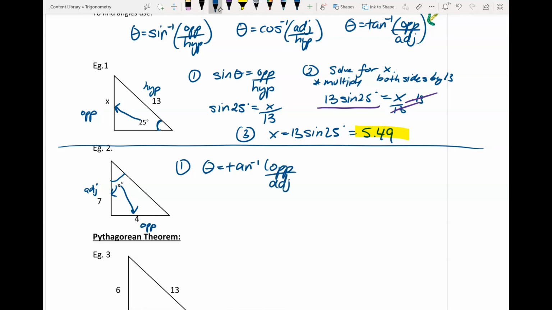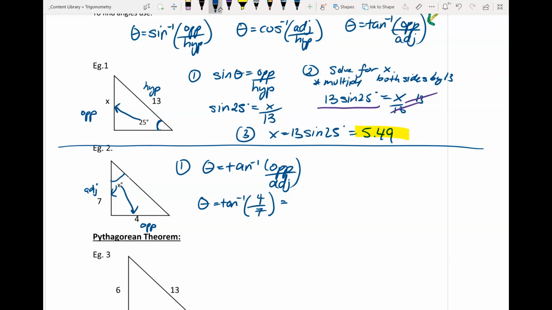And then I'm going to fill in my information. So opposite is 4, adjacent is 7, and then we're going to find tan inverse of 4 over 7 and put that into our calculator.